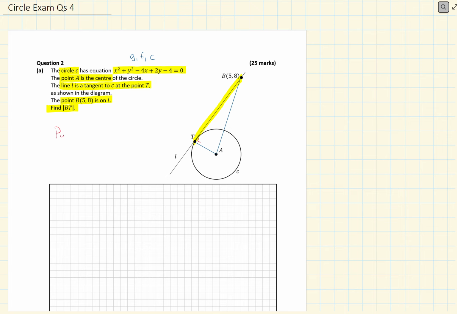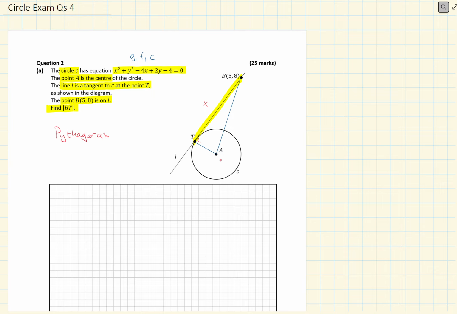And my goal here is going to be Pythagoras. So while it presents as a circle question, and maybe a line question to some extent, really it's more so a trig question, in the sense that we need to find these two sides in order to get our unknown side. So we'll be using our distance formula twice.